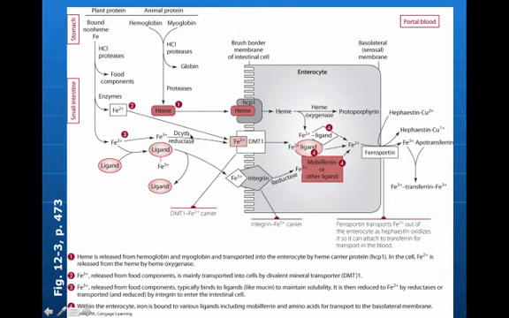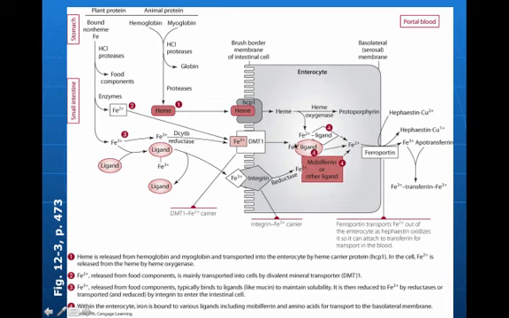If a person's iron deficient, they make smaller amounts of ferritin, so the iron will have a tendency to go into the blood rather than be bound in the enterocyte and lost in the feces when the enterocyte sloughs. Okay, so hemosiderin is just related to ferritin in that level as well. So that's one of the main points of regulation of how we can change our iron absorption efficiency.